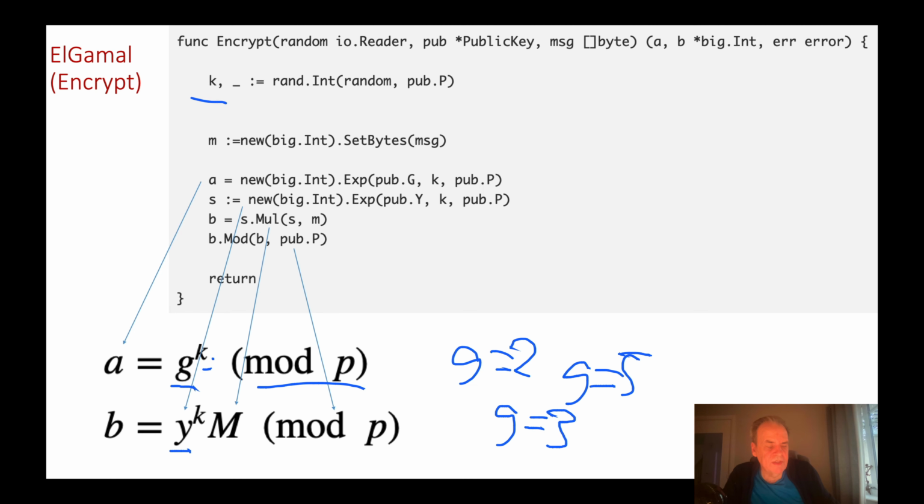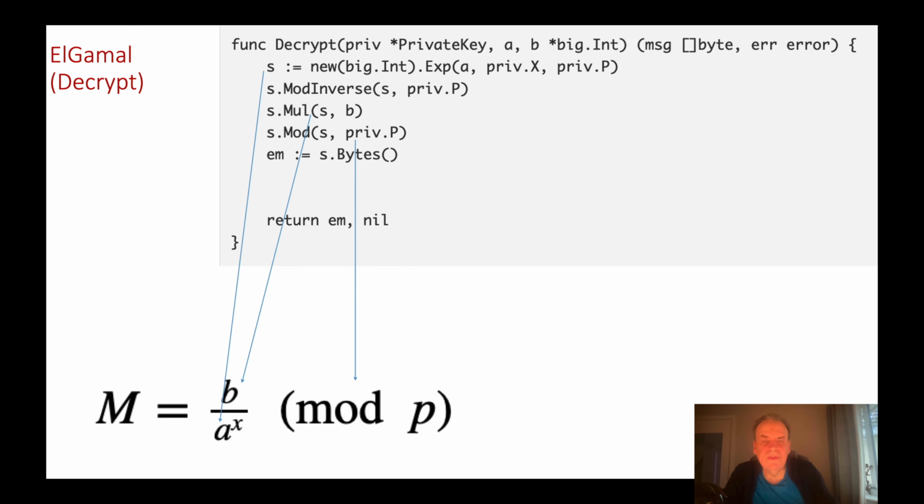Next, we'll raise the public key to the power of k, and then multiply by the message here. And then eventually we should get to the result. We do a modular inverse.